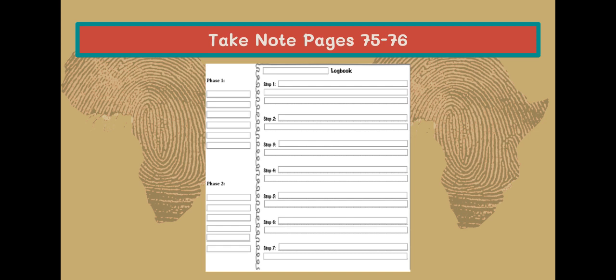Let's write an important event from step 2. Dug up a dinosaur skeleton. How about step 3? Numbered and wrapped the fossils to protect them.